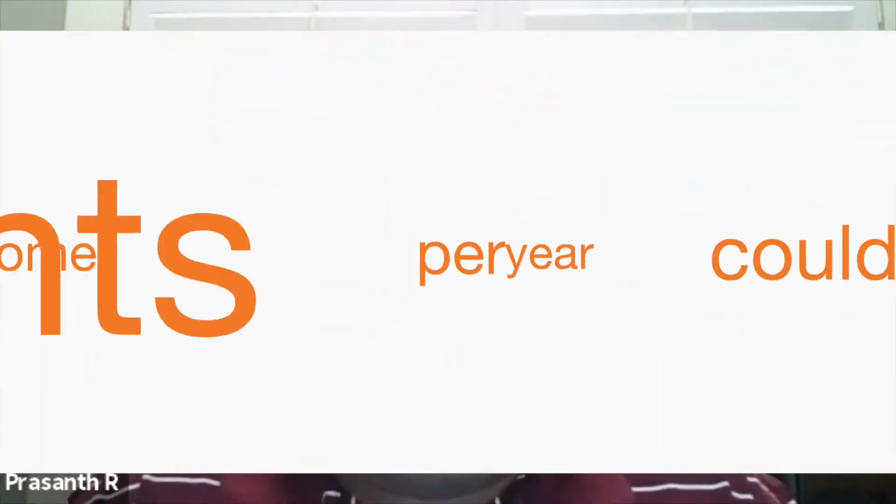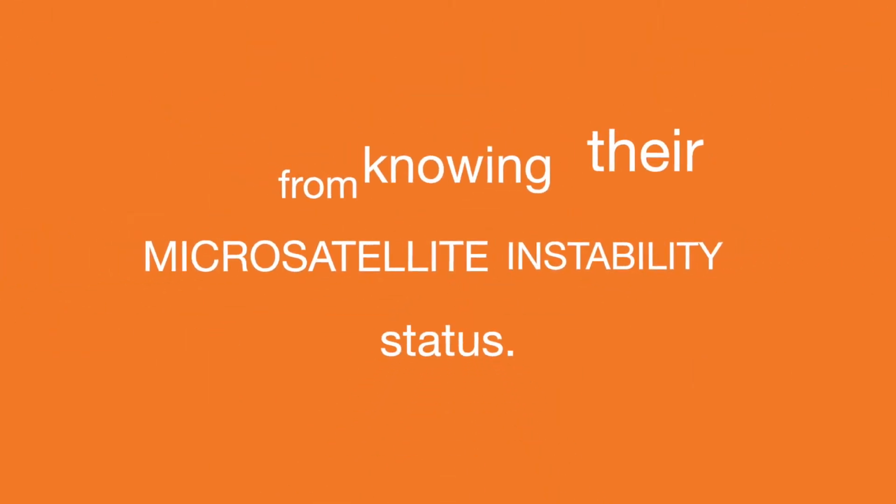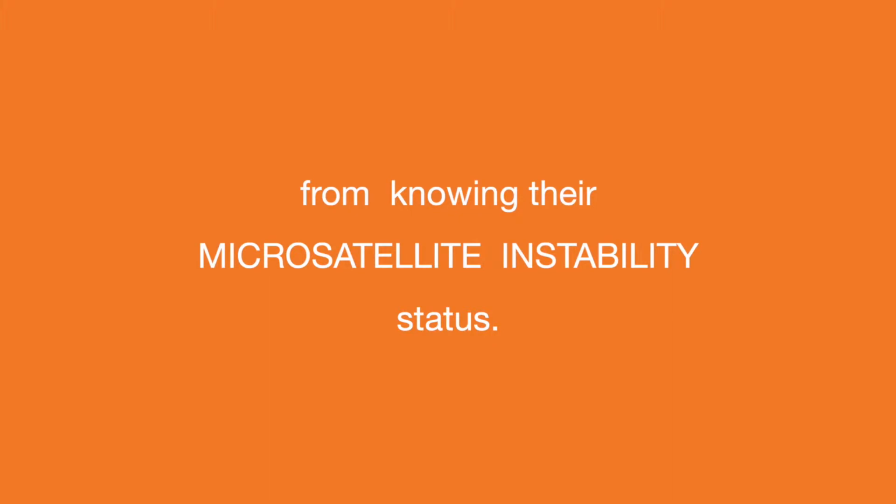And that's, again, why the FDA approved pembrolizumab in May of 2017 for patients that had this microsatellite instability high status. It represents a number of patients, potentially upwards of 20,000 patients a year that could benefit from knowing their microsatellite instability status.